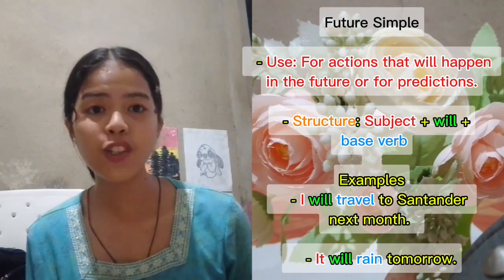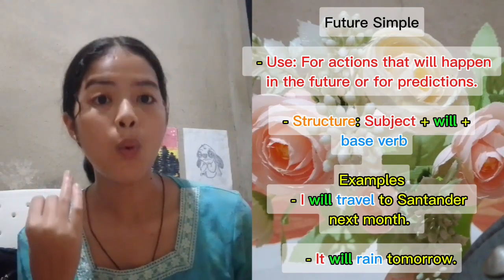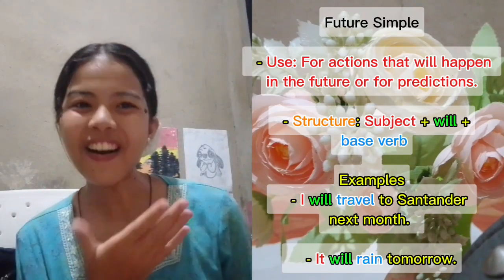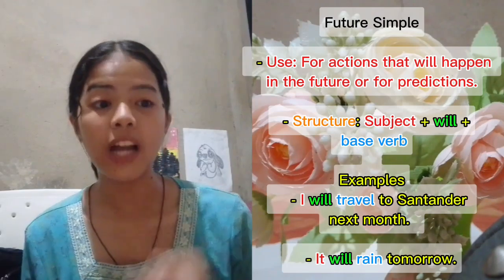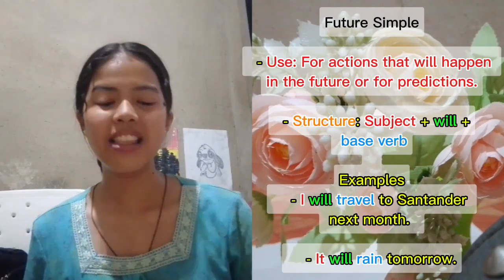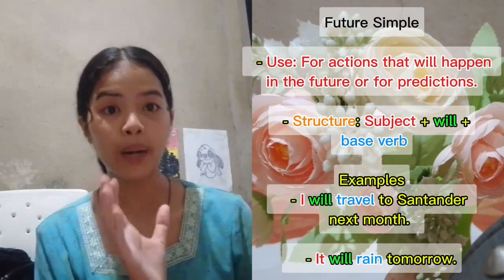It follows the structure of subject plus will plus base verb. Here are the examples. I will travel to Santander next month. The second example is it will rain tomorrow.